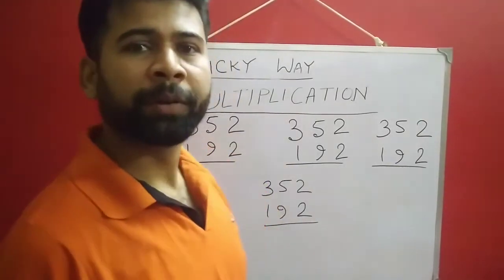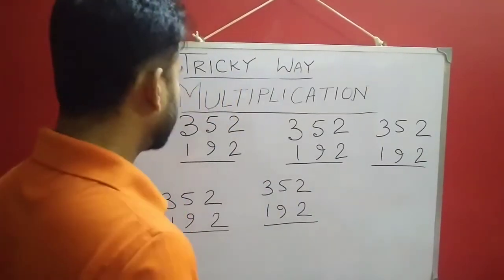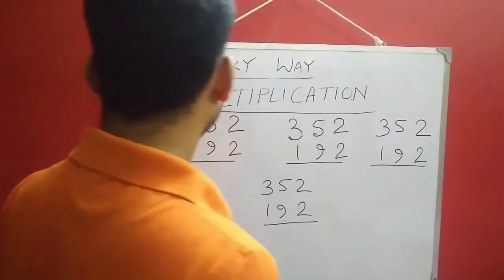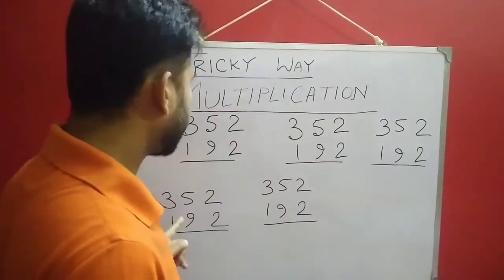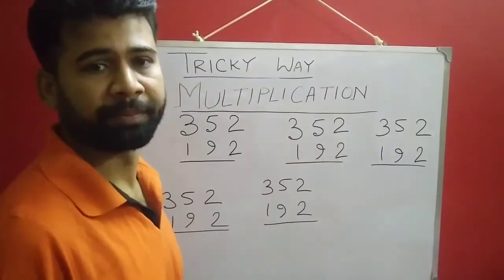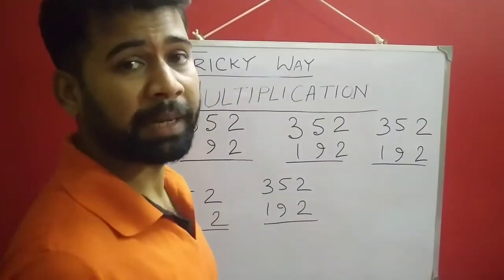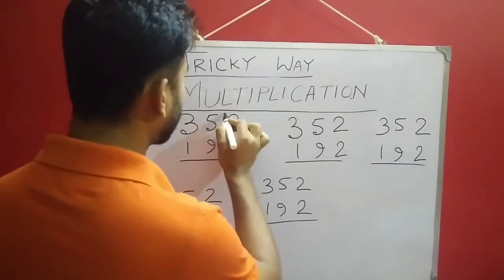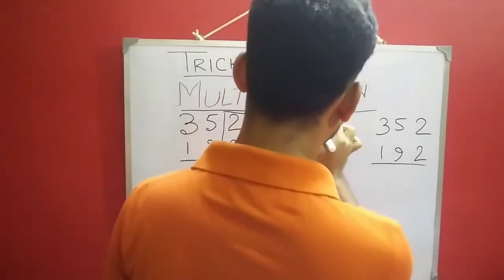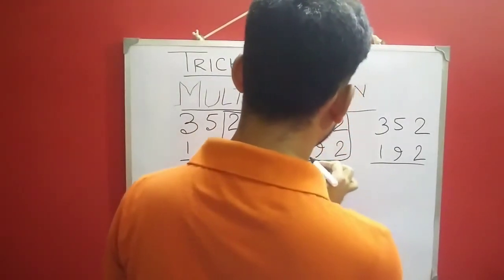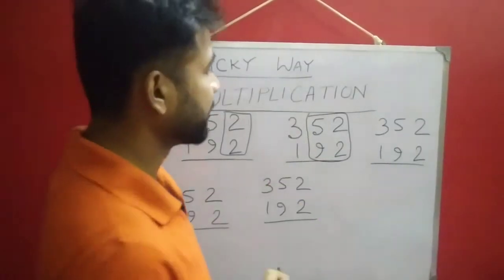Now moving to our next trick for the multiplication of 3-digit numbers. Again, for the sake of your understanding, I write the number multiple times and box the number. The multiplication of this box is our desired result.